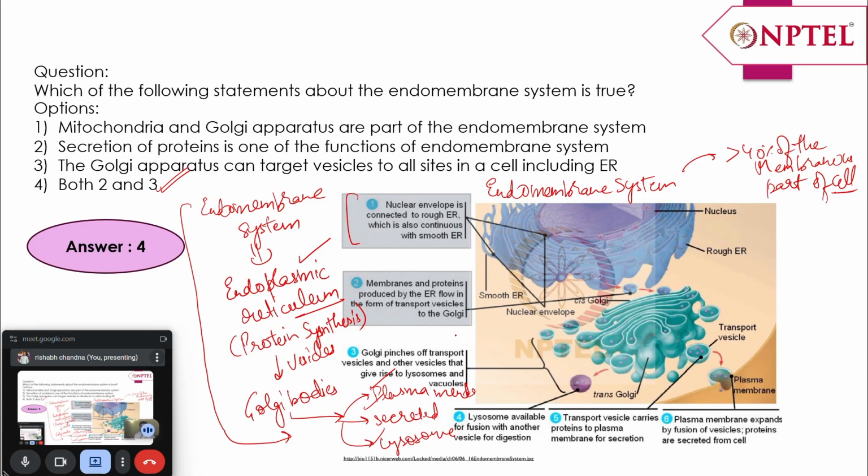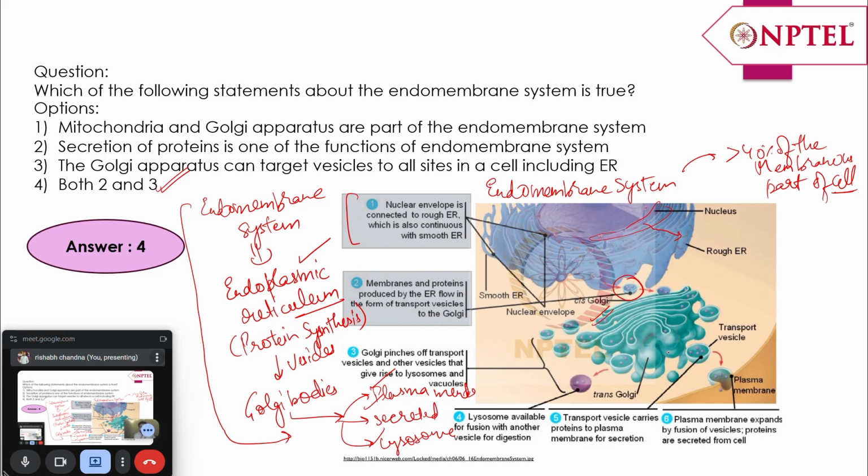So now let's see what's in the diagram. This is the nucleus. Here is the nuclear membrane. The endoplasmic reticulum is continuous with the nuclear envelope, and from here the protein molecules or the cargos are shifted in the form of vesicles to the Golgi bodies.